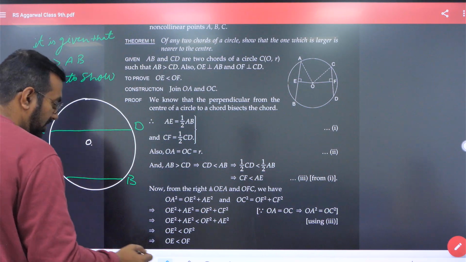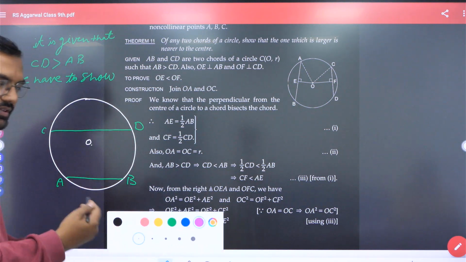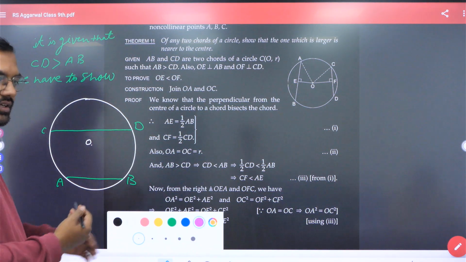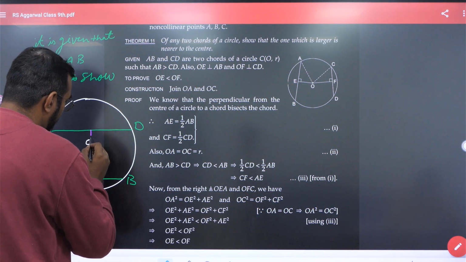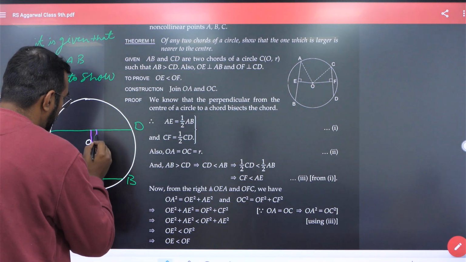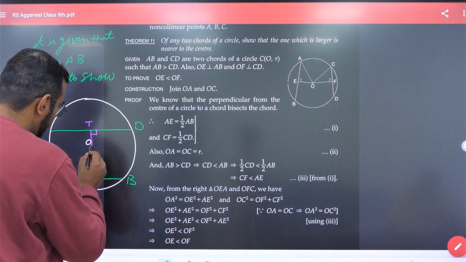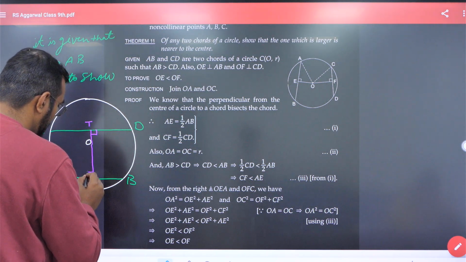For that we will draw perpendiculars, because a perpendicular represents the distance, and we will show that the distance of CD is smaller than the distance of AB. So draw perpendicular OT, and similarly draw a perpendicular OS.